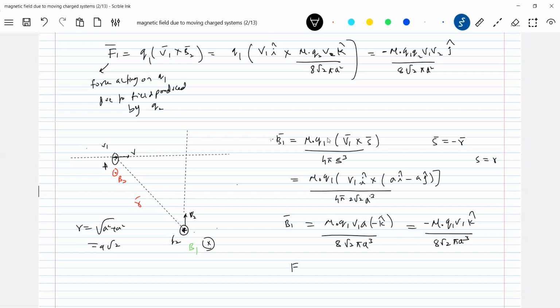Let's calculate now F2, force acting on second charged particle. F2 should be equal to Q2 V2 bar cross B1 bar. So minus K cap B bar. So it should be like I cross K. So will plus J, I will get it, no?